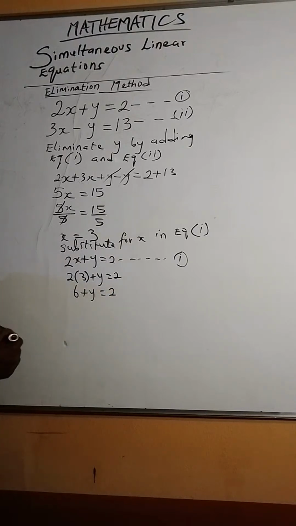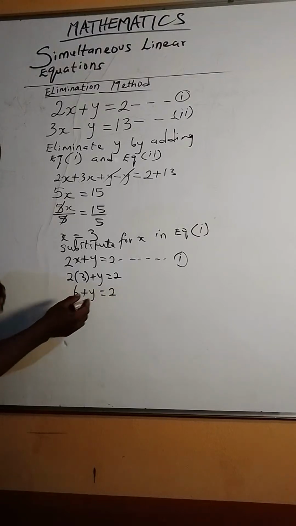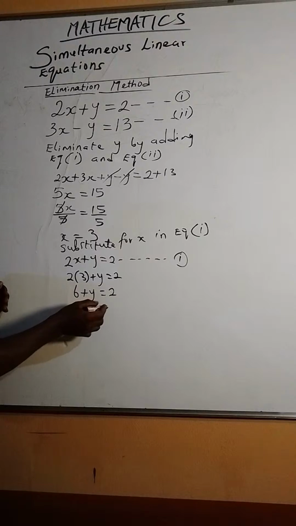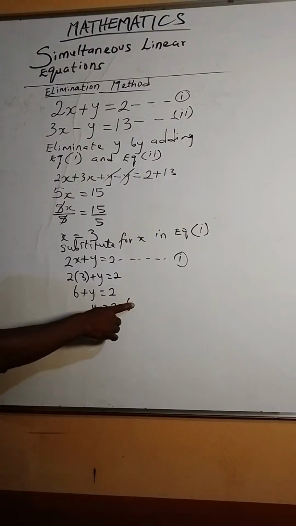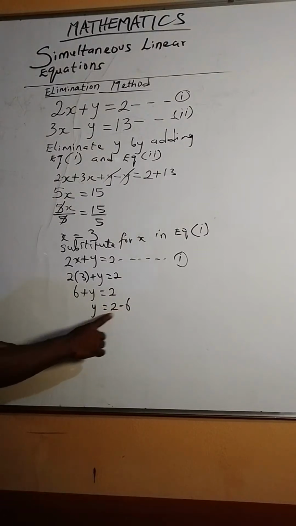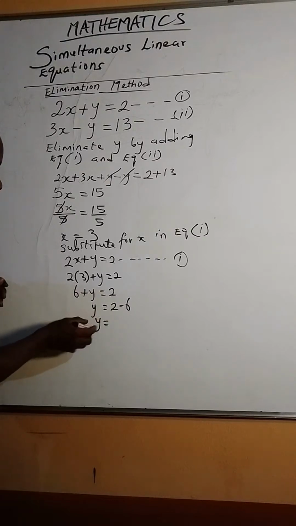All right. So we can take this 6 to the other side. When we take this 6 to the other side, we'll be left with only y, and y will be 2 minus 6. 6 is plus here, and when it is crossing, it changes to minus. Then 2 minus 6 is what?